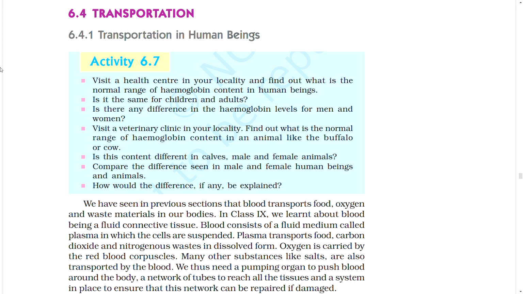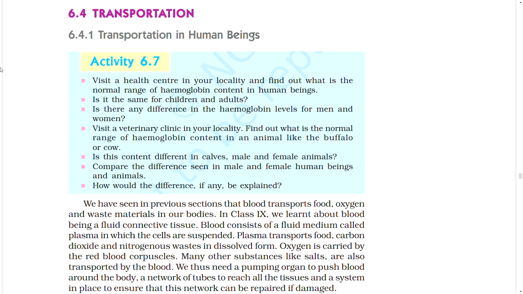Activity. Visit a health center in your locality and find out what is the normal range of hemoglobin content in human beings. Is it the same for children and adults? Is there any difference in the hemoglobin levels for men and women? Visit a veterinary clinic in your locality.